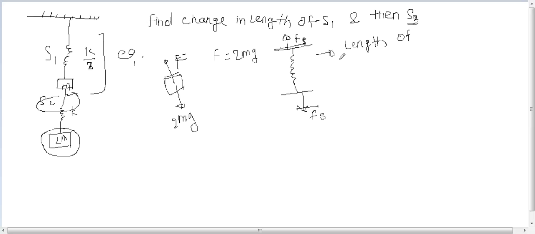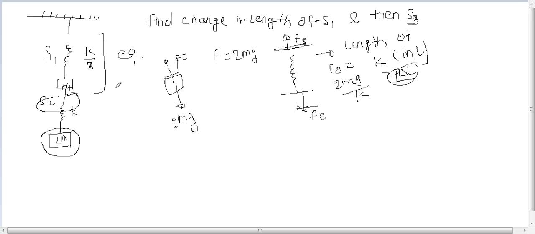By how much? Fs is equal to K into the increase in length. Fs is equal to 2mg, so 2mg by K will be the increase in length.